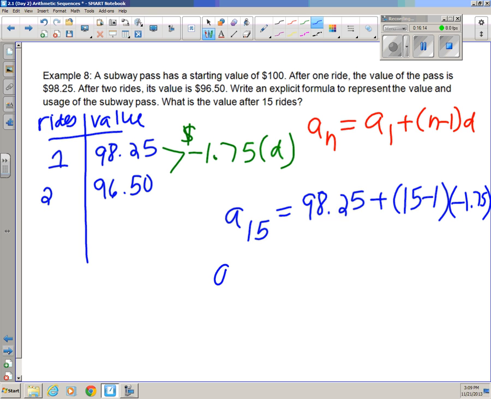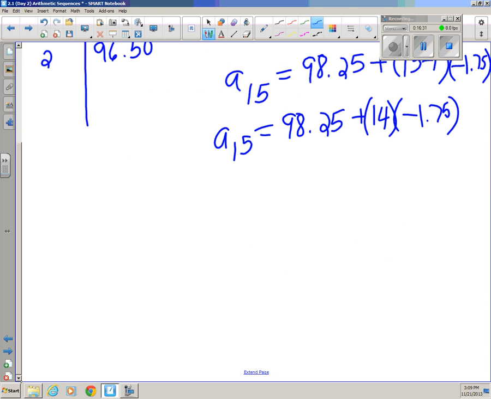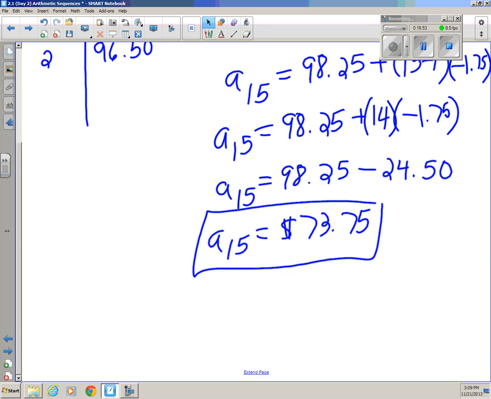So a sub 15 equals 98.25 plus 14 more rides where I'm losing that value of 1.75. A sub 15 equals 98.25. Now it becomes minus because 14 times negative 1.75 means I'm being charged that $24.50. So after 15 rides, my card now has $73.75 on it.